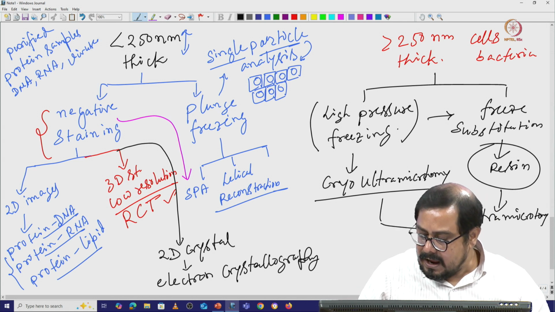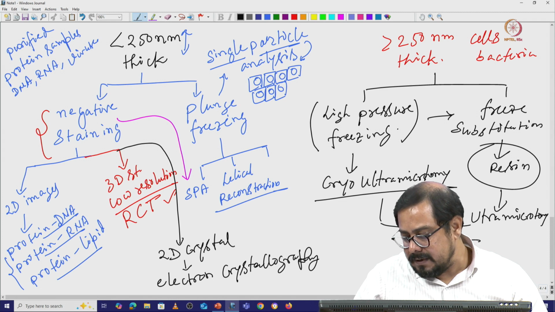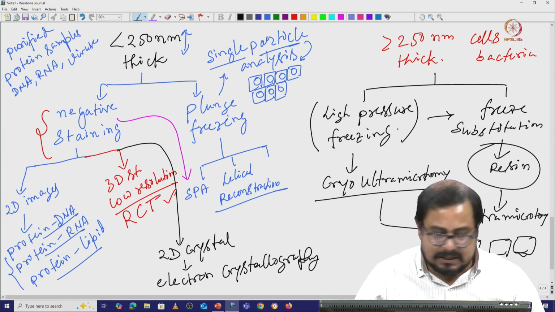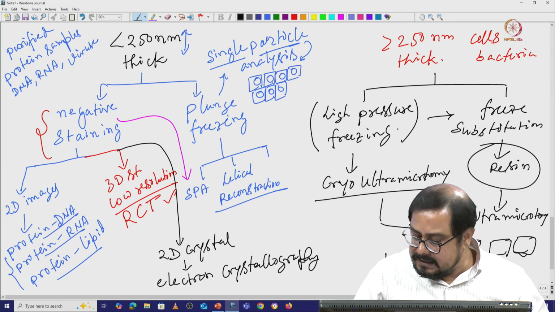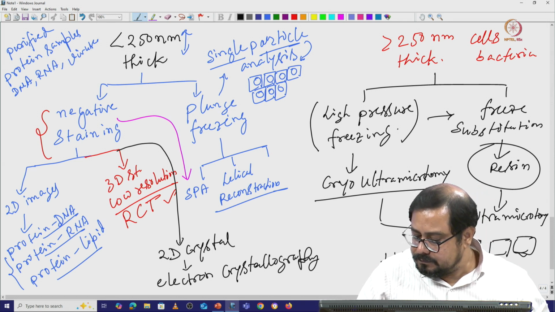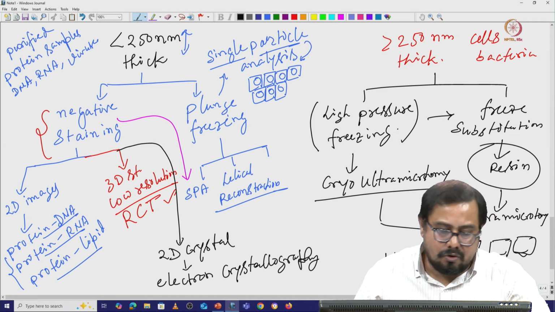So, when we have both, a whole cell and a thin section of the cell, we can use this thin section of the cell for tilt series collection for cryo-electron tomography or electron tomography.